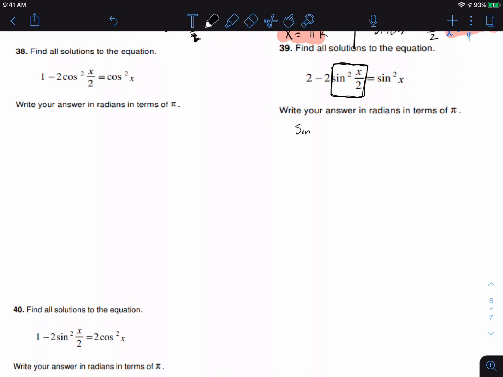And so sine squared of x over 2 is equal to 1/2 (1 minus cosine of x). So when I go to clean this up, I'm going to go 2 minus. I still have that 2, right? But sine squared is equal to 1/2 (1 minus cosine of x).